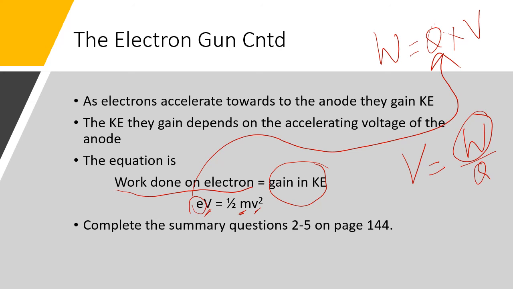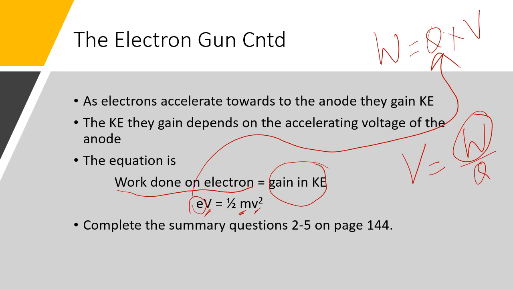So for the rest of the lessons, you have 3 things to do. Make a note of it. 1, write volt in base units. Second, what you saw in the previous slide about the summary questions on page 142, question 1 to 6, and then summary questions on page 144, question 2 to 5.